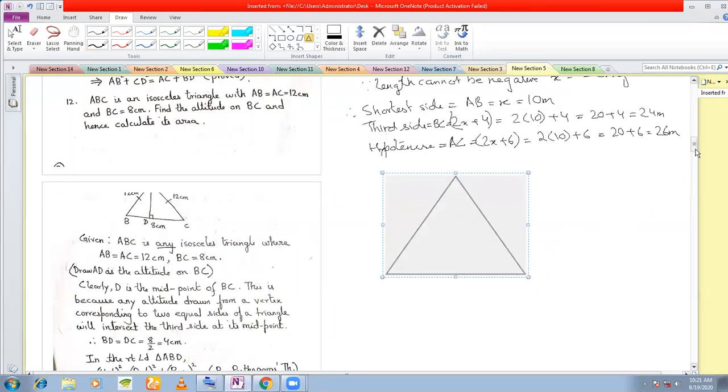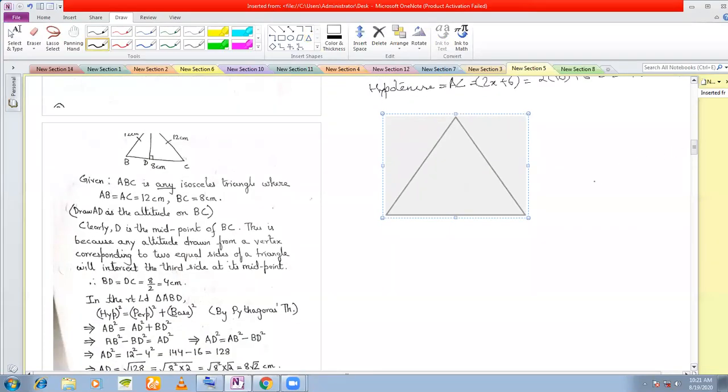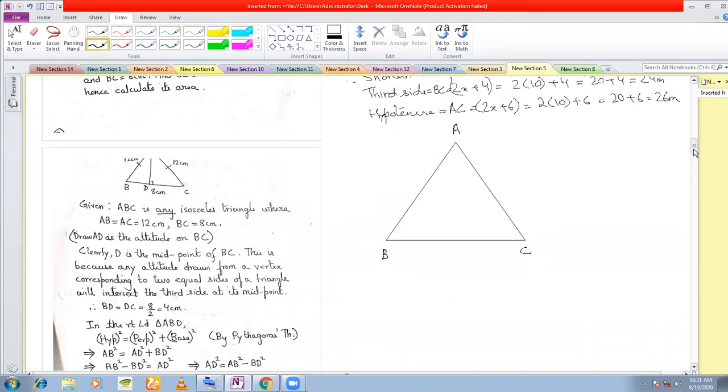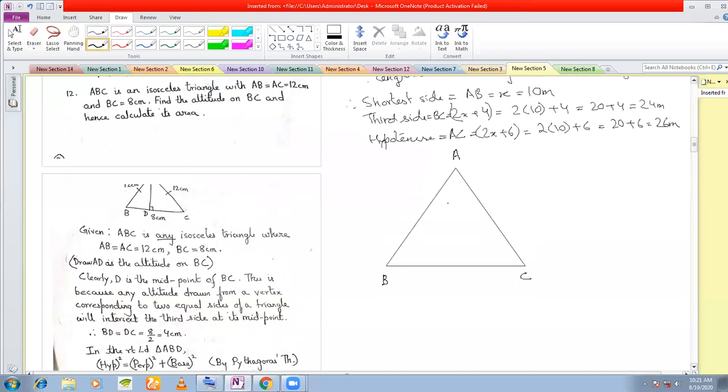ABC is an isosceles triangle in which AB and AC are 12 centimeters. These two are equal, and BC is given to be 8 centimeters.